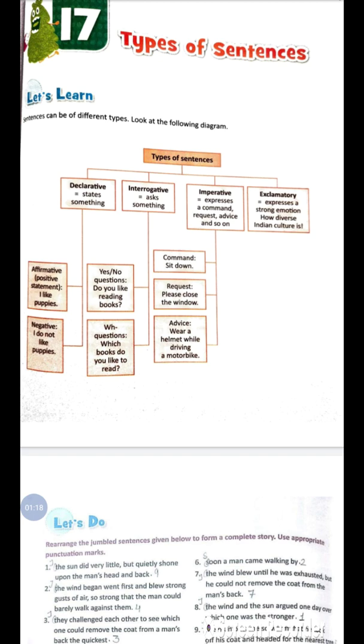Affirmative sentences and negative sentences. Now we move to the interrogative part, that contains yes or no questions or WH questions. Yes or no questions: Do you like reading books? WH questions: Which books do you like to read? Starts with the word which, WH.